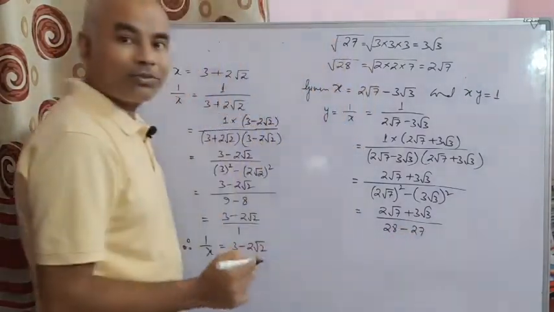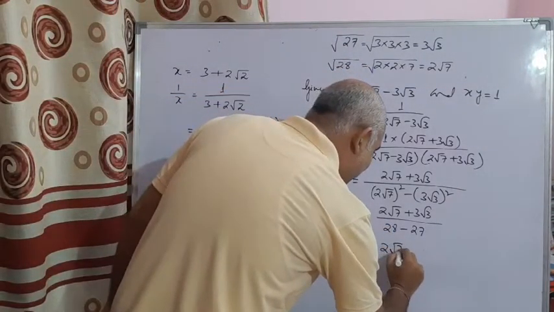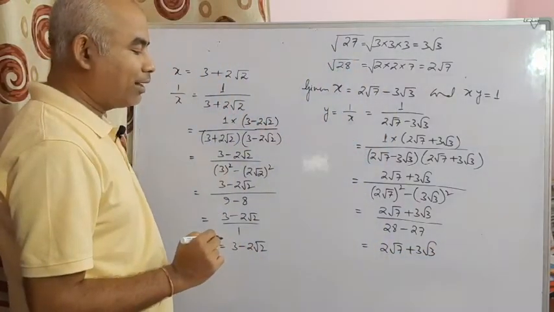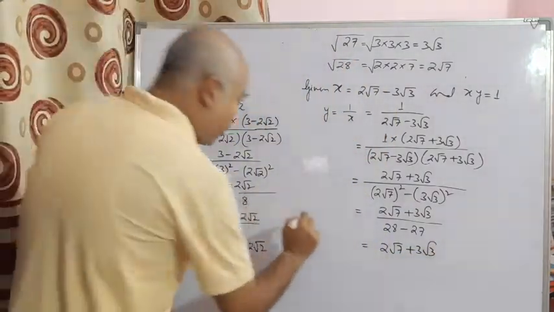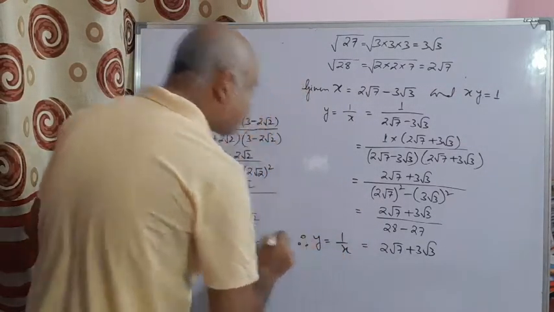What is 28 minus 27? It is 1. Divided by 1, you get the numerator 2 root 7 plus 3 root 3. That means y, which is 1 by x, is equal to this.